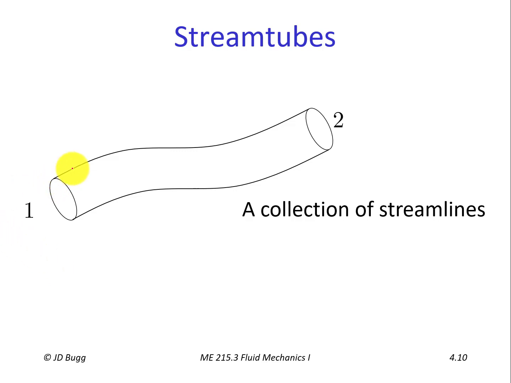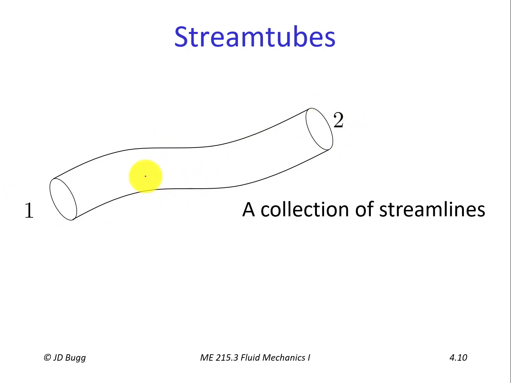But the walls of the tube are streamlines, a whole bunch of streamlines forming a little tube. Well, this is essentially the control volume that we're going to be using when we apply Bernoulli's equation. If we define this as our control volume, it has one inlet right here and one exit.